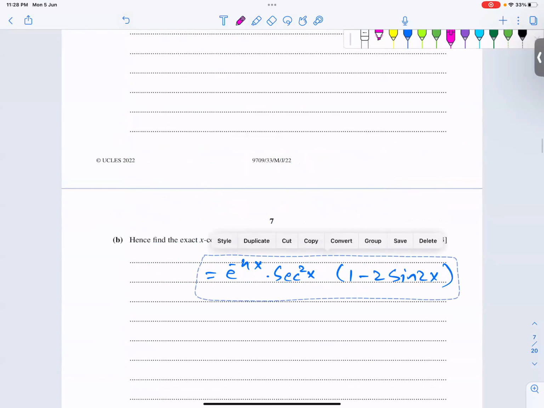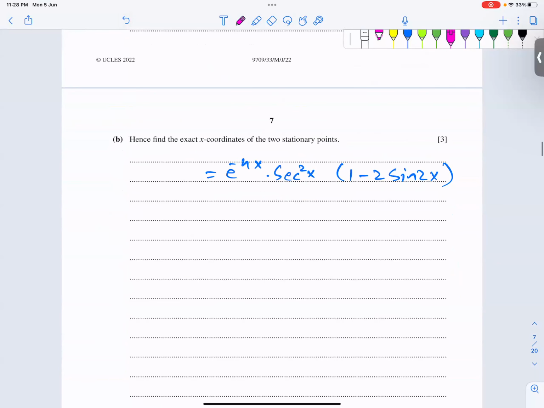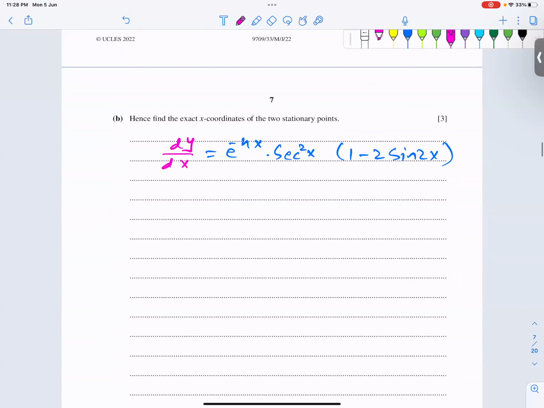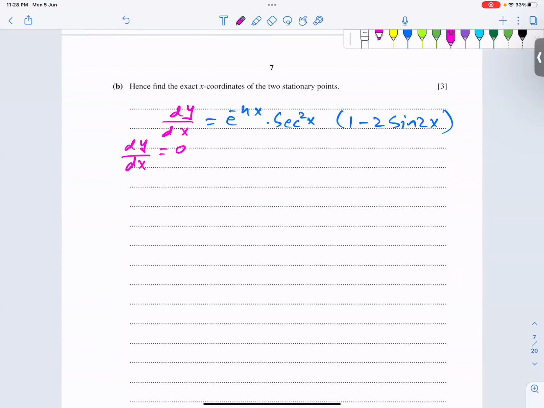We can write here, this was the value for dy by dx. Now put dy by dx equal to 0. You will have e to the power minus 4x times secant square x times 1 minus 2 sine 2x equal to 0. You all know that e to the power any number can never be 0. So this part is never 0.